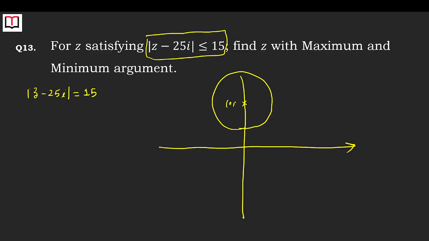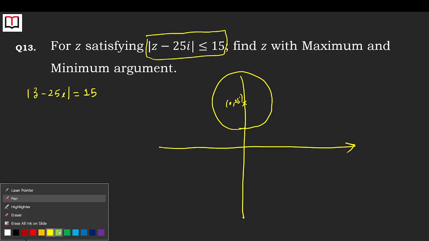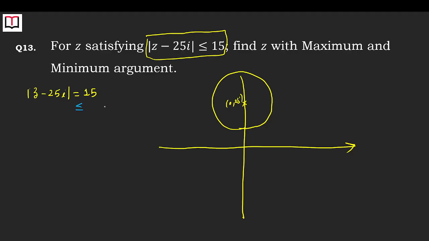So this point is 0 comma 25 and the radius is 15. Now z is less than or equal to, meaning z is either on the circle or inside the circle. I think all of you will agree. Because the distance of z from 25 iota equal to 15 gives us a circle. So if the distance is less than 15, then it will give us the region inside the circle, isn't that?